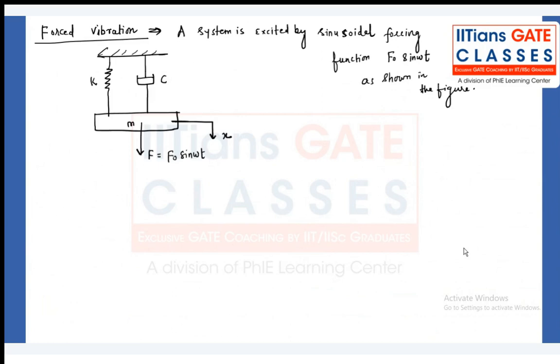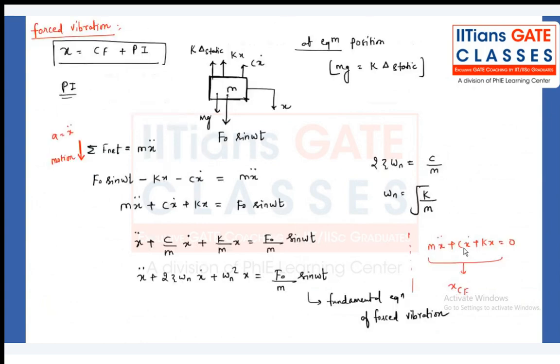That is balanced at the static equilibrium conditions. From the static equilibrium position, we are disturbing it further in the downward direction by the force F naught sine omega t. So the complete free body diagram you can see here, and then the equation of motion.